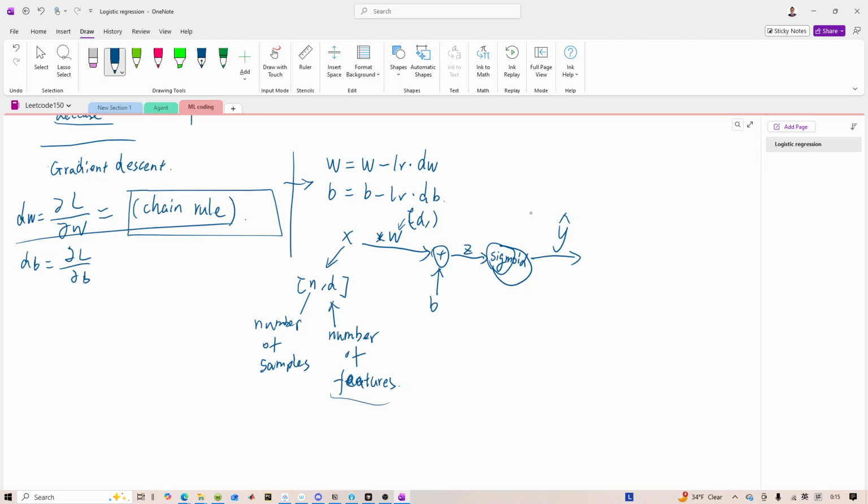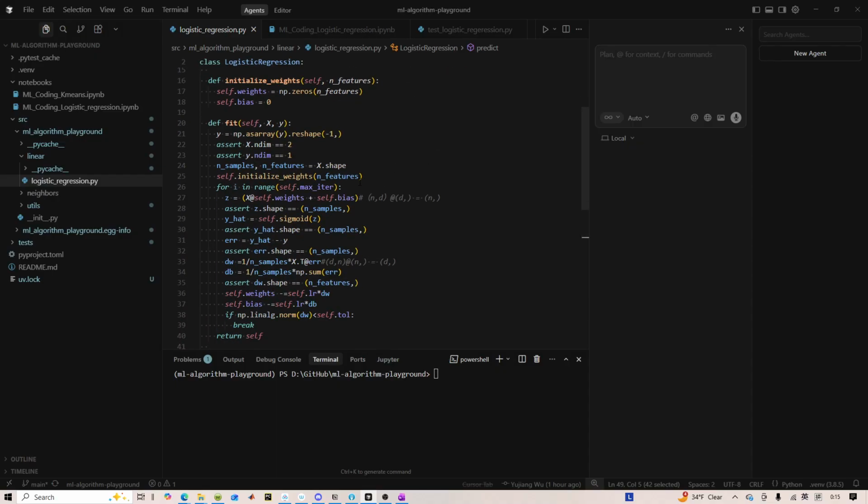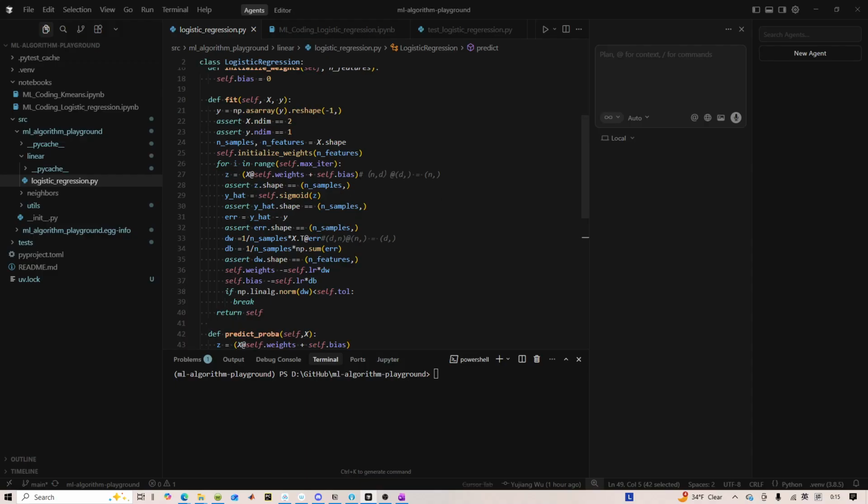So each feature has a weighting factor. And B is a scalar.